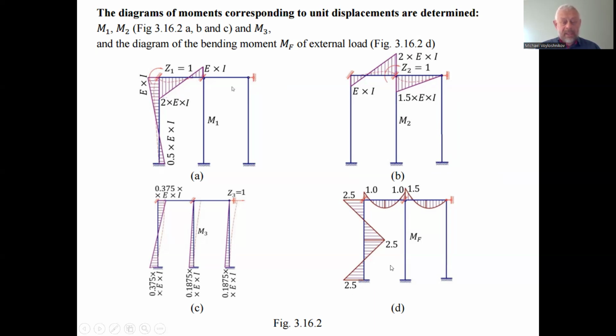We consider 4 just because we have a 3 times kinematically indefinable mechanical system, solved with the use of the canonical equations of the displacement method, and for each of the added supports or sliding embeddings or just the extra supporting rod, we have to develop the diagrams of the bending moments in the system elements, assuming that this definite extra support will move by the unit displacement, by the unit magnitude of the displacement.